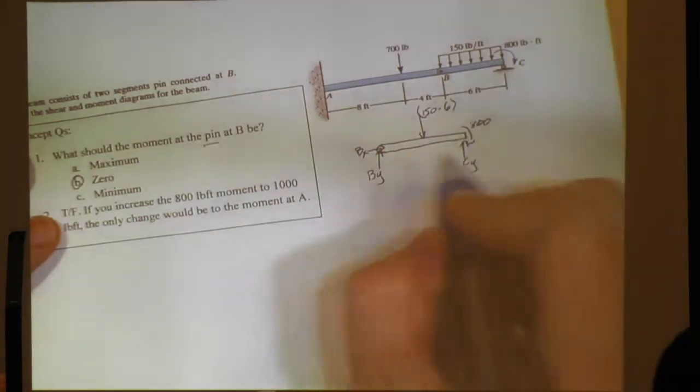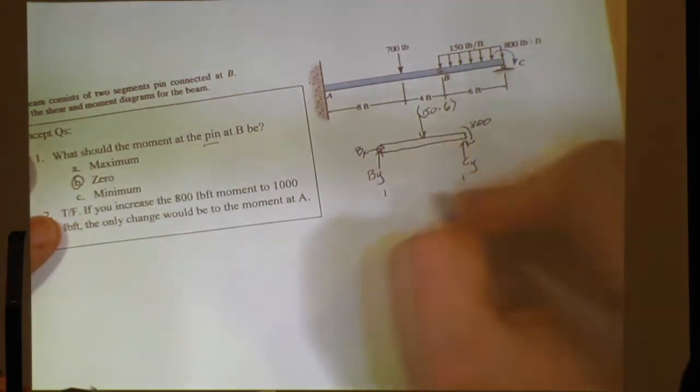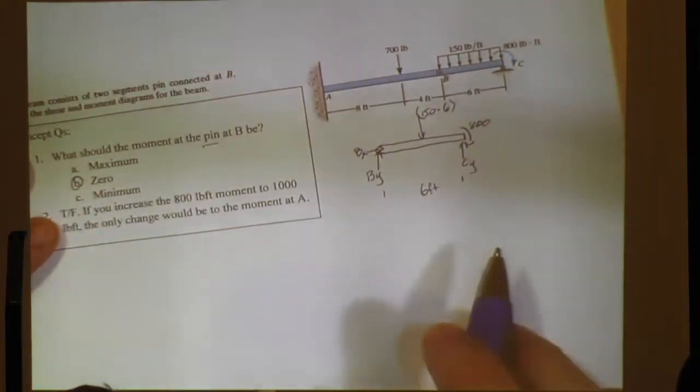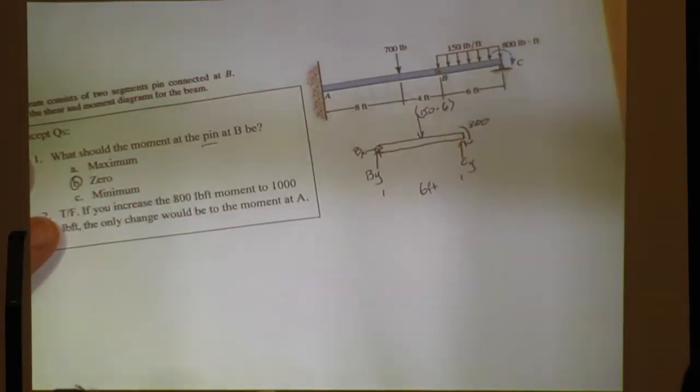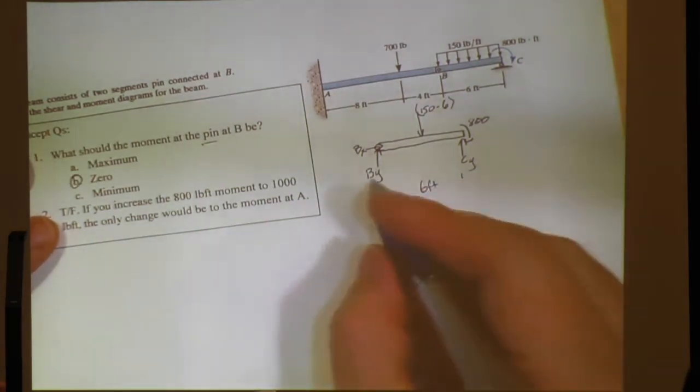All right, anybody have any issues with that free body diagram besides the measurement not being on there? Anybody have any issues with the free body? Nope. All right, so now we're going to move on to solving for BY and CY.